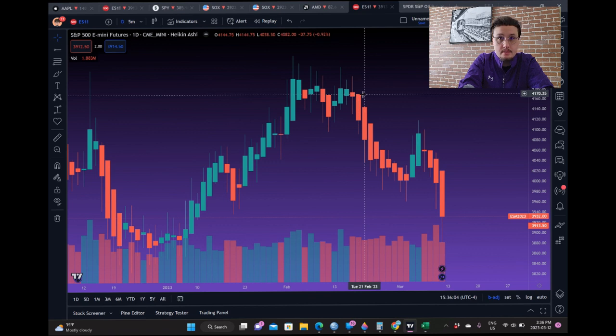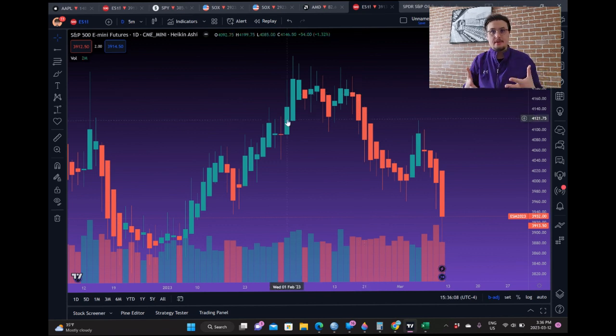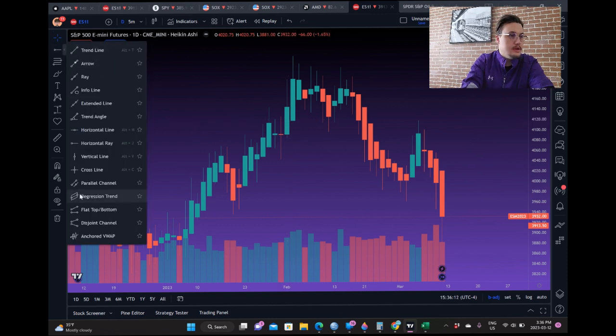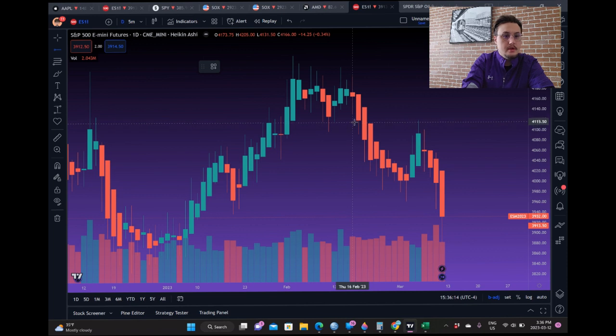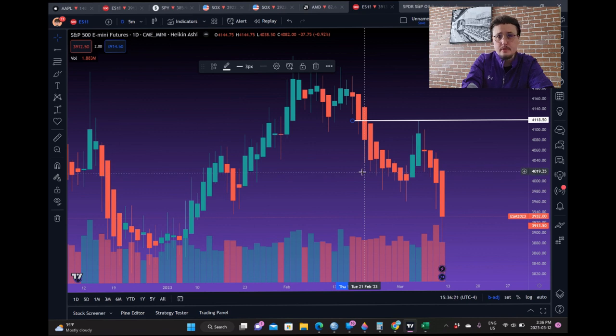It's a flat top. What you can do is a really quick trick, a trick for quick reference: you can put in a support line at the close price. So here, okay.